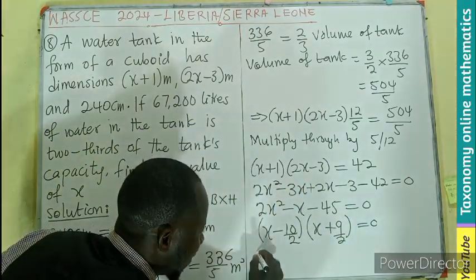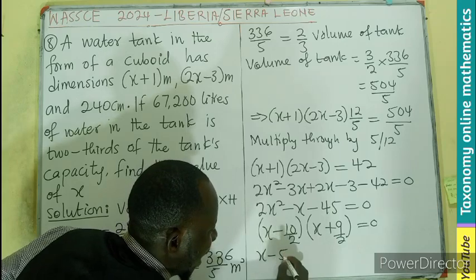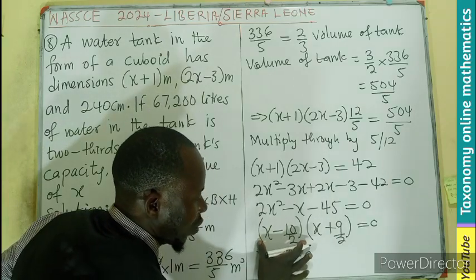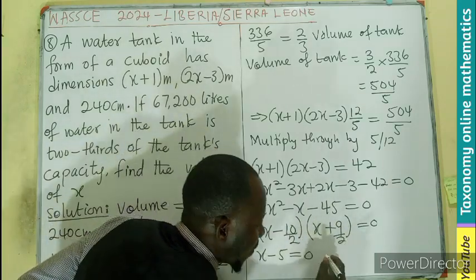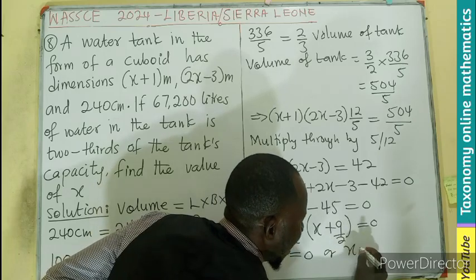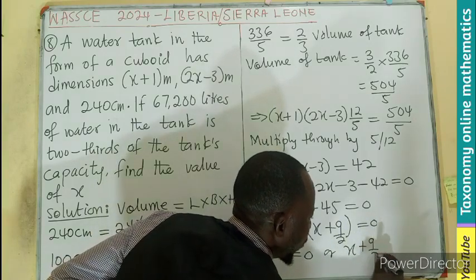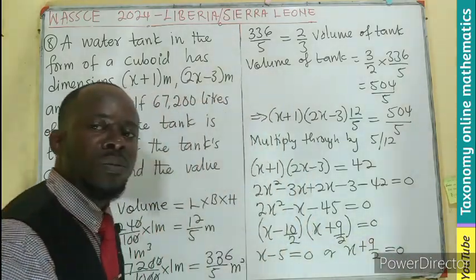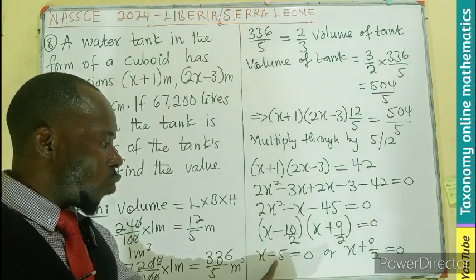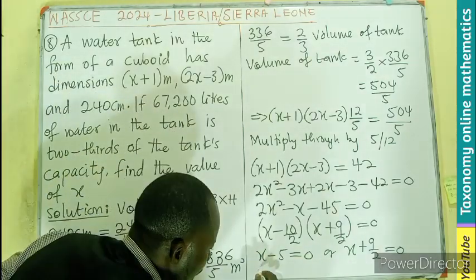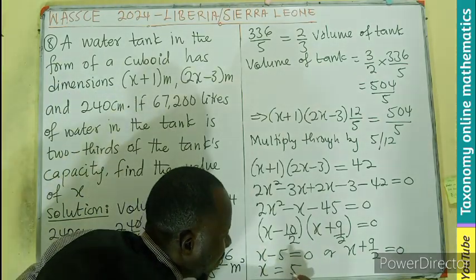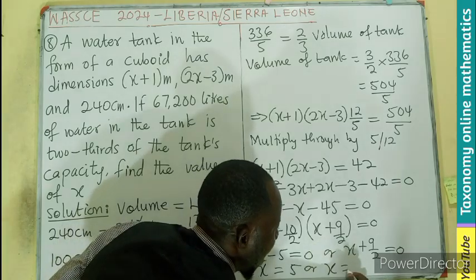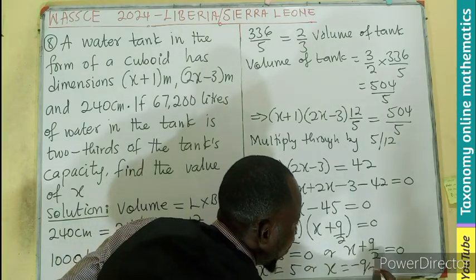So now it means x minus 5 is equal to 0. This is one bracket, or x plus 9 on 2 equals 0. So here, obviously, when you transpose this, your x becomes positive 5, or x becomes negative 9 on 2.